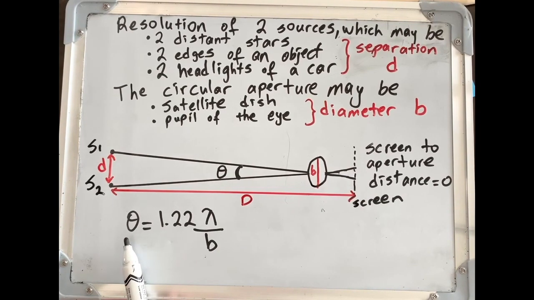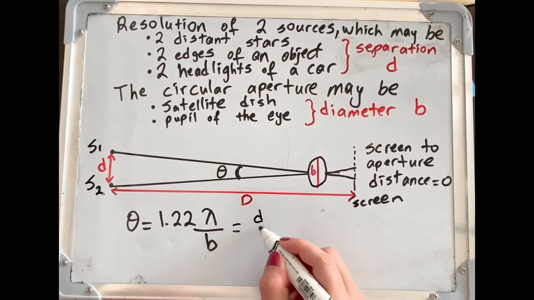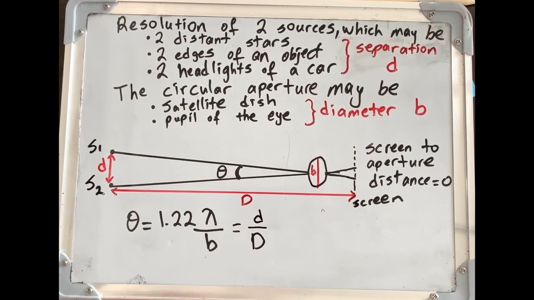If that ratio is equal to that ratio, the images are said to be just resolved. If that ratio is larger than that ratio, the images are not resolved.